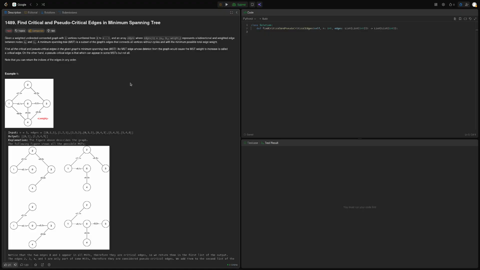If that MST is larger, okay, critical edge. Next, we try force adding that edge, meaning, here is that edge, give me an MST with that edge. If there is an MST with that edge, then we are done. That's a pseudo-critical edge, and that's the whole thing. That's the whole shtick.